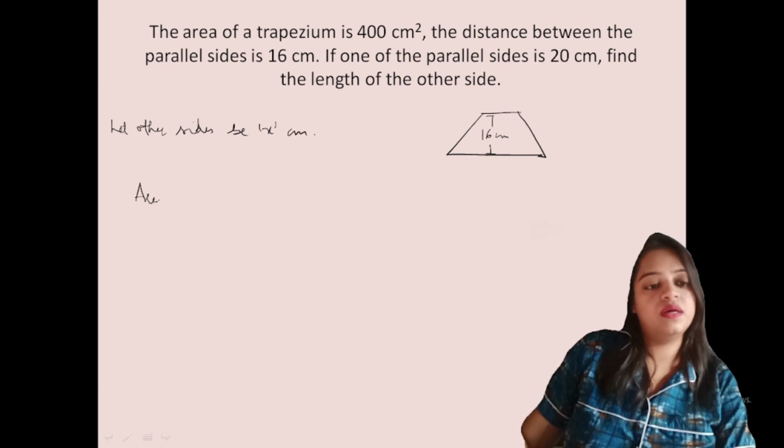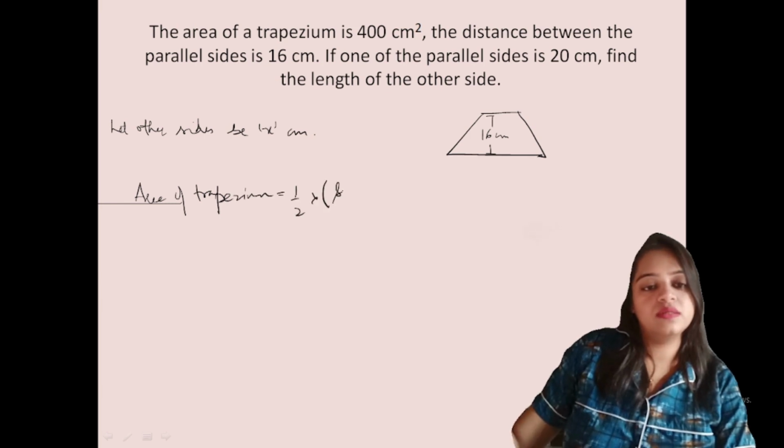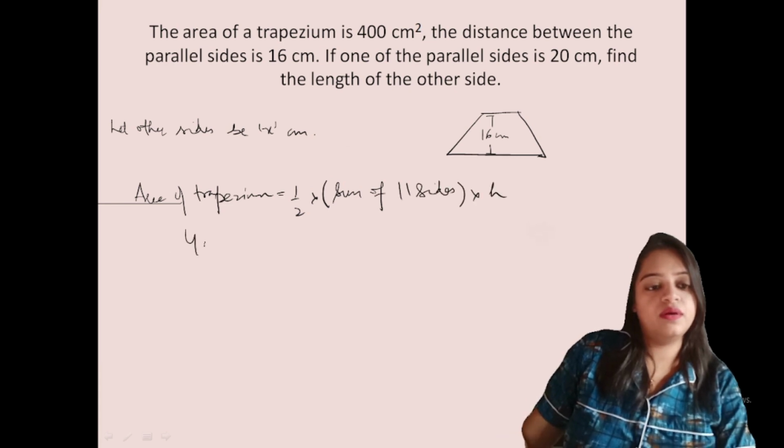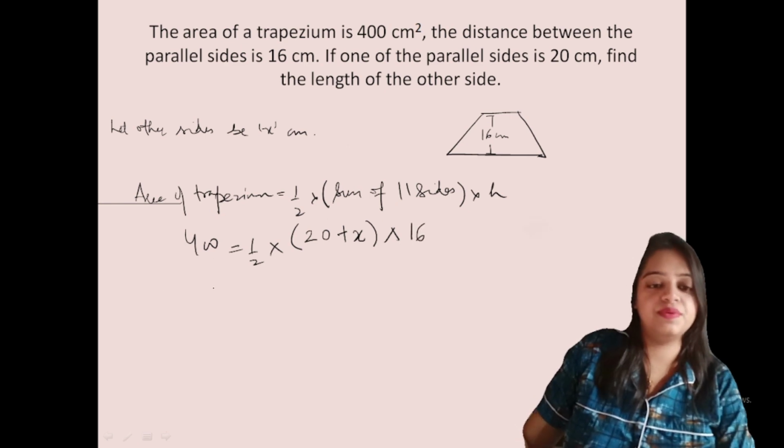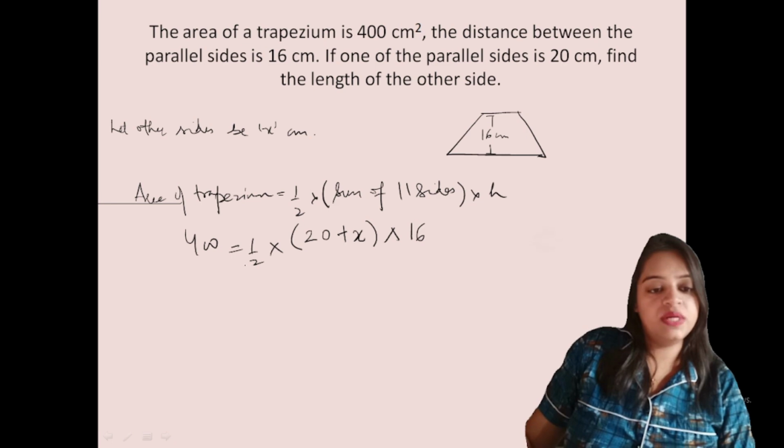Use the formula now. Area of trapezium is half into sum of parallel sides into height. Area का formula value is 400 and parallel sides, एक side 20 है and the other one we have assumed as x. Height is 16. Parallel sides के बीच में जो distance है that becomes the height of the trapezium. अब 2 and 16 are cancelling out.